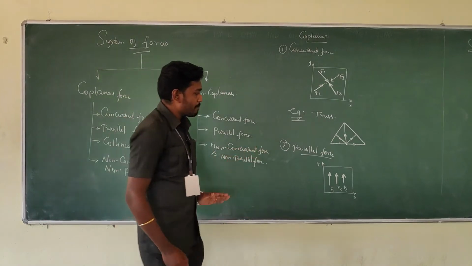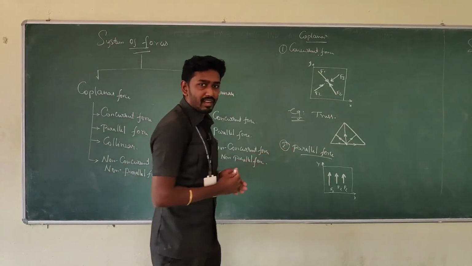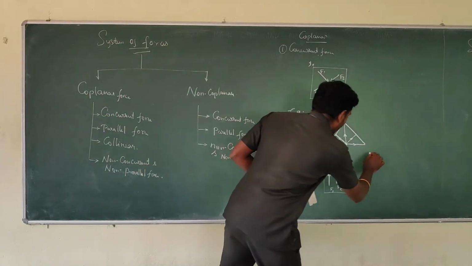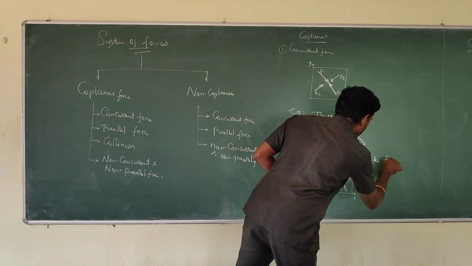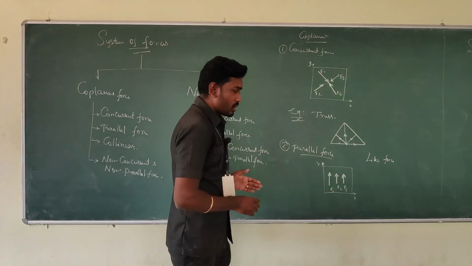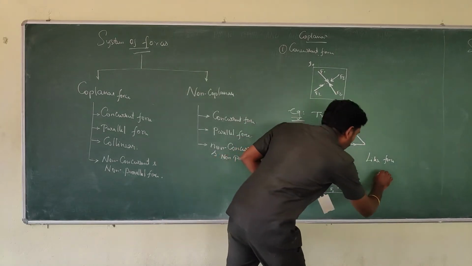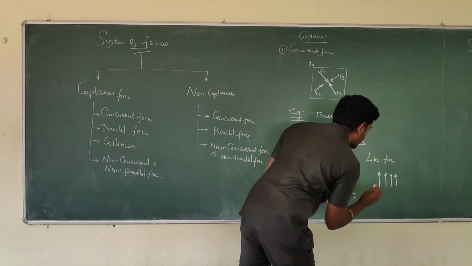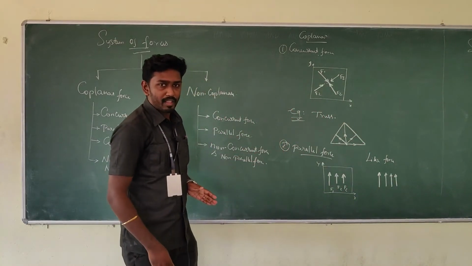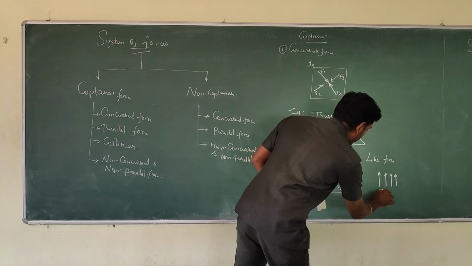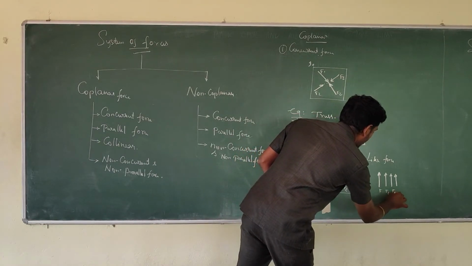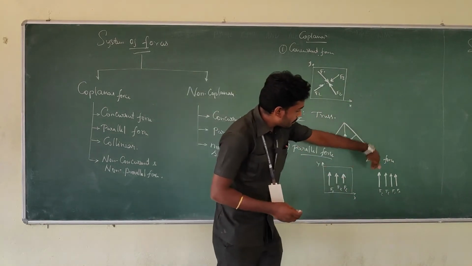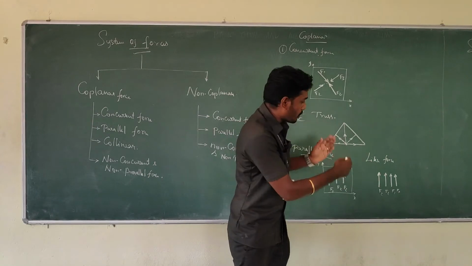Here in the parallel force, two kinds of parallel force are possible: one is like parallel force and the other is unlike parallel force. If it is a like force, in a single plane the forces are directed in the same path. That means if the forces are F1, F2, F3, F4, each line of action is directed in a unique direction.